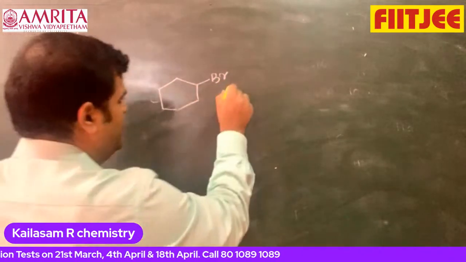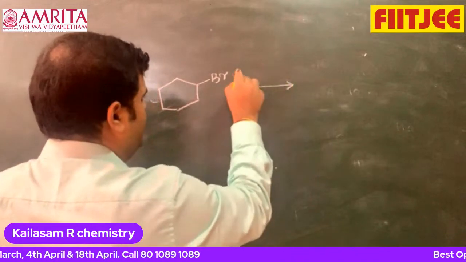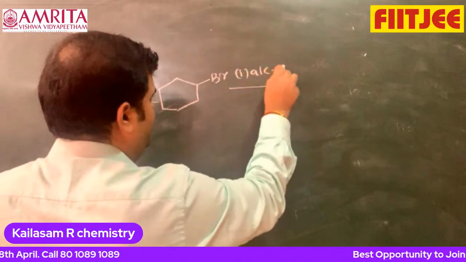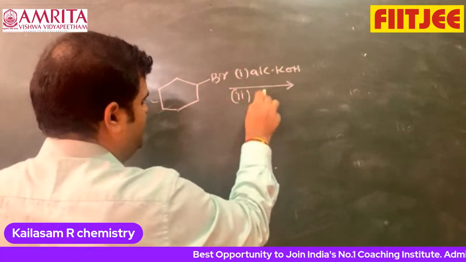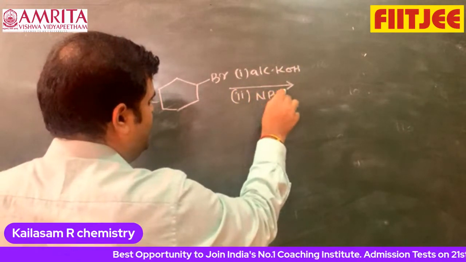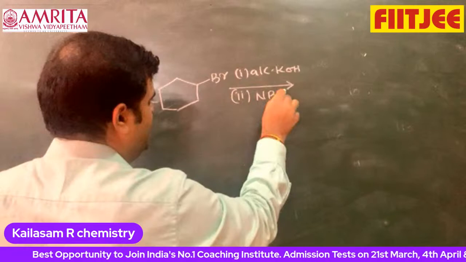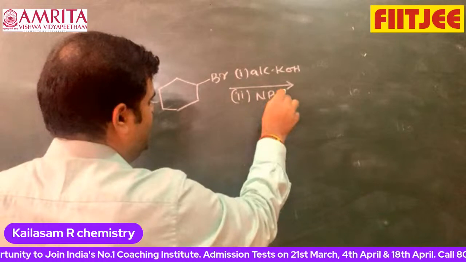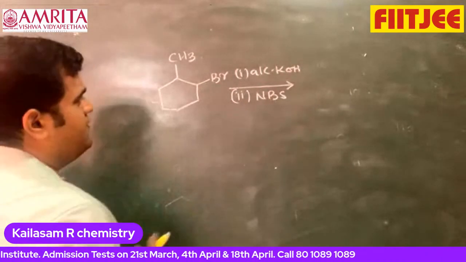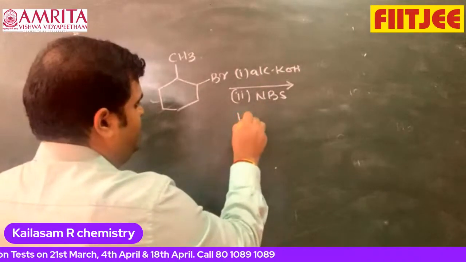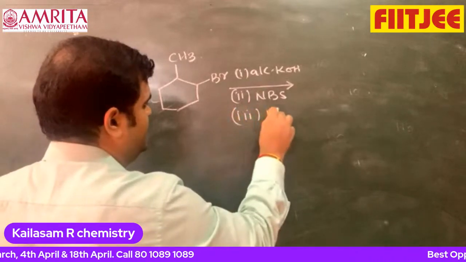I have taken it, and in this I'm going one by one. I'm using alcoholic KOH. Second, I'm using NBS. Now we can have better clarity. Third, I'm using NBS again.